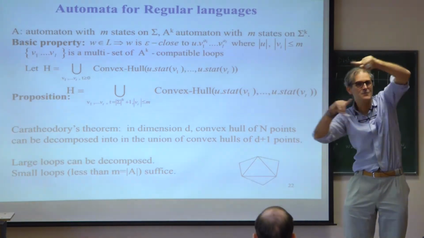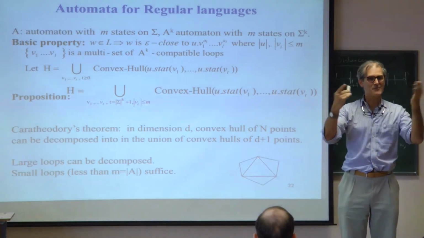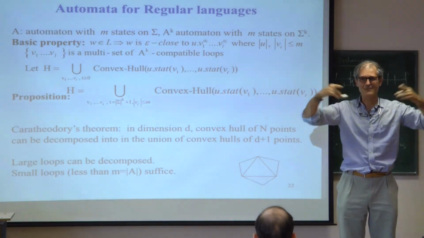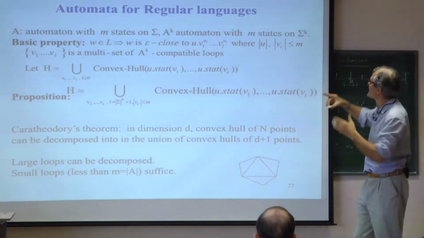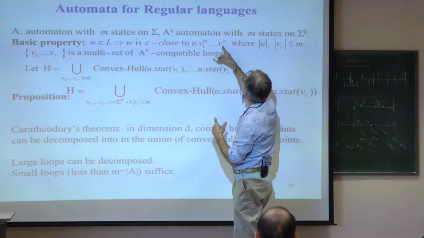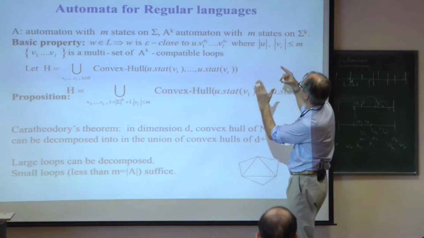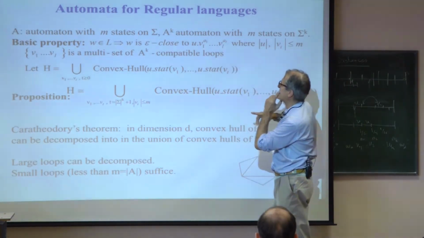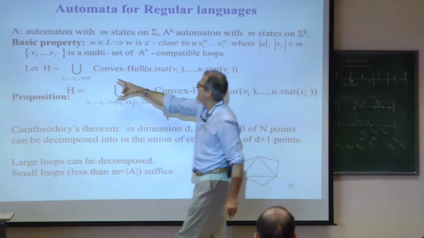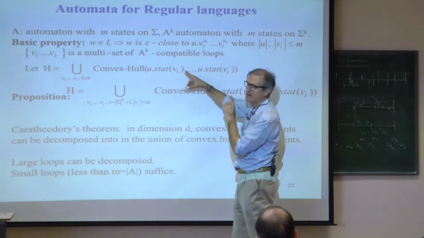So therefore I can move essentially all the letters the way I want. The number of moves will be exactly the number of letters. So by doing this, of course, you can stick all the basic simple loops together, so you'll be close to this guy, and therefore you define H to be the convex hull of the U stat of the single loops.